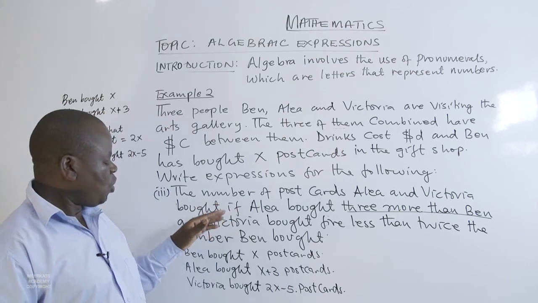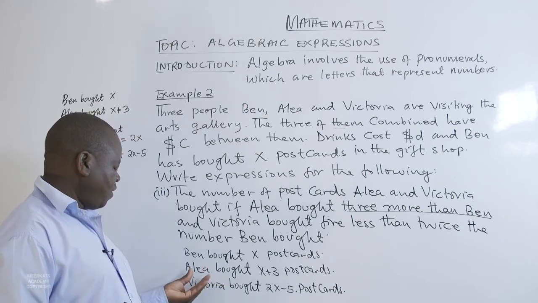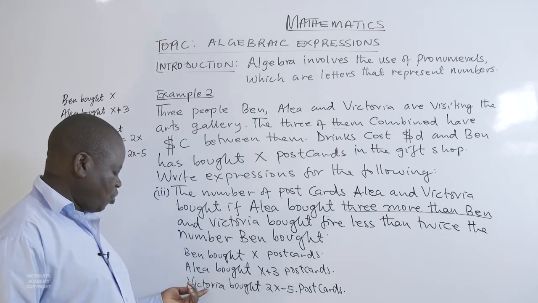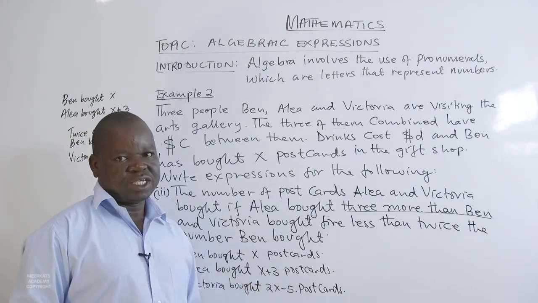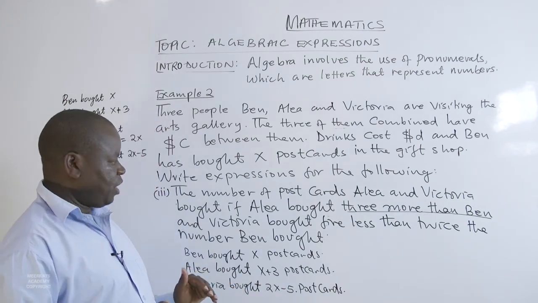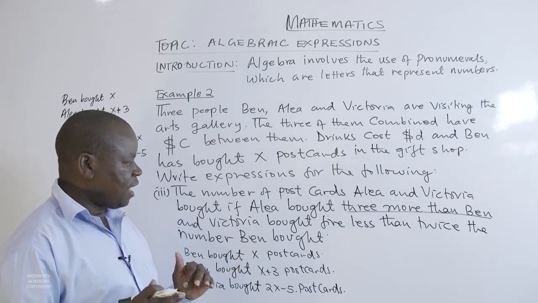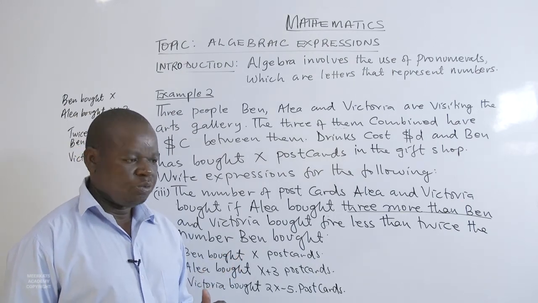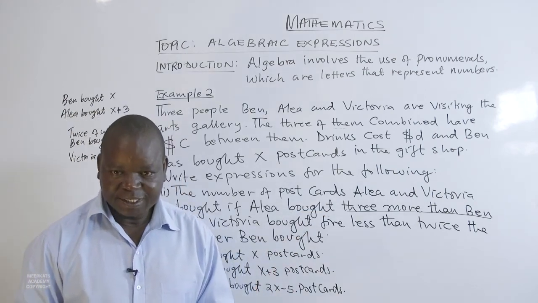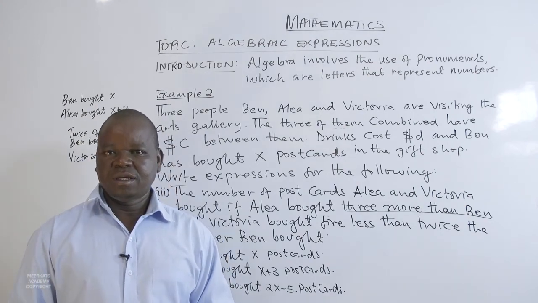You are right to leave this statement the way it is, because here we have said Alea bought x plus 3 postcards and Victoria bought 2x minus 5 postcards. So you leave it like that. The situation will be different if we were asked the sum of postcards Alea and Victoria bought. But because there is no sum, we leave it just as simple as that.